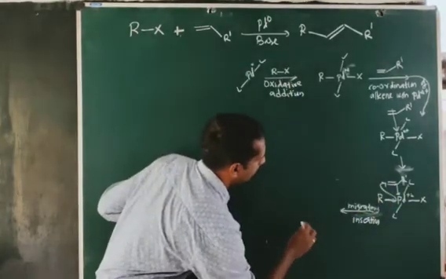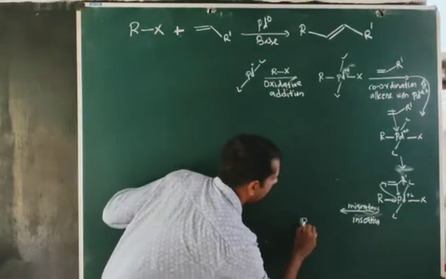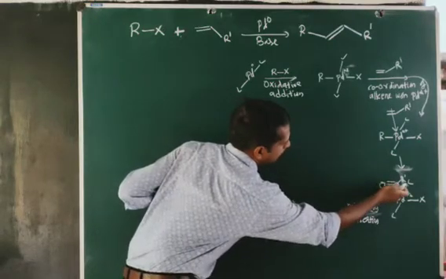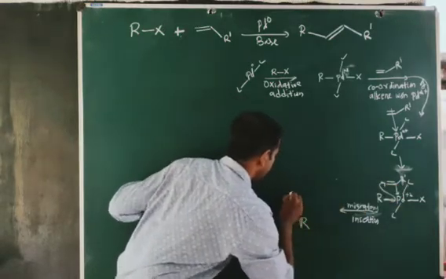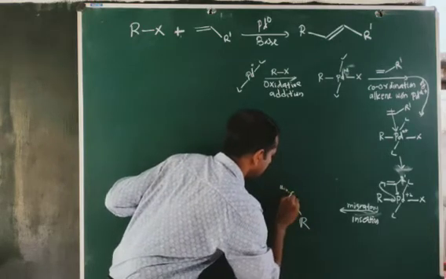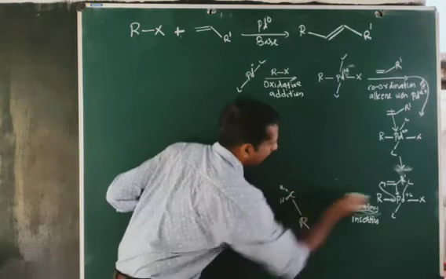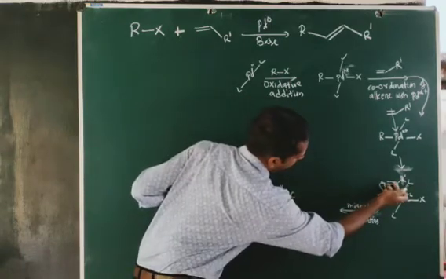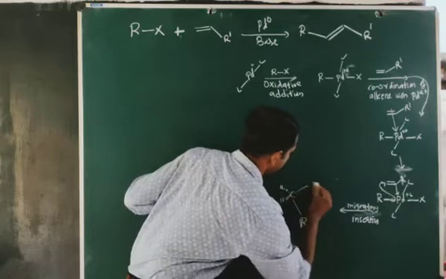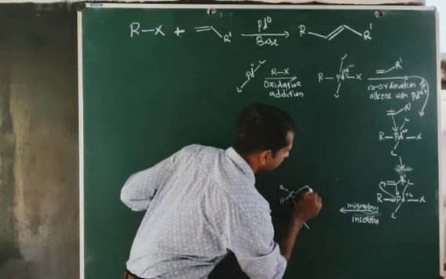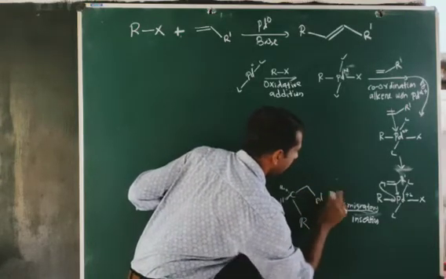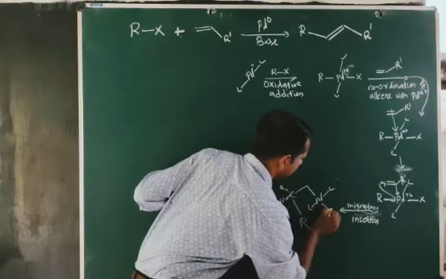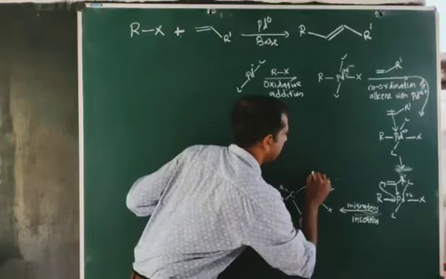And what we get is a structure like this: R is joined with the CH2, and only one bond joins with Pd, and here it is our L, here also L, and here it is X, and of course here it is R'.